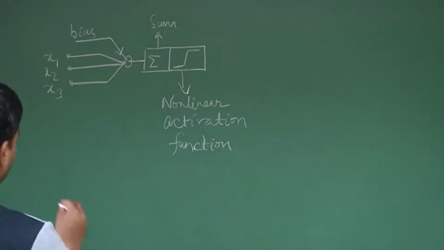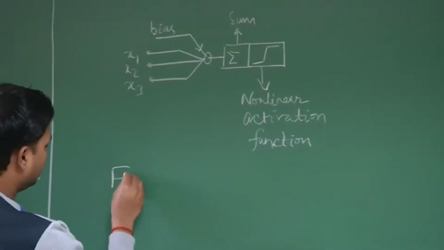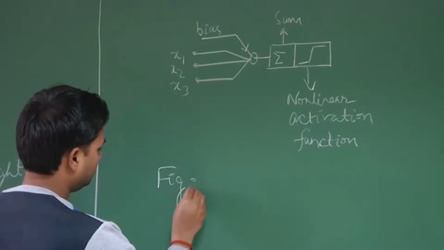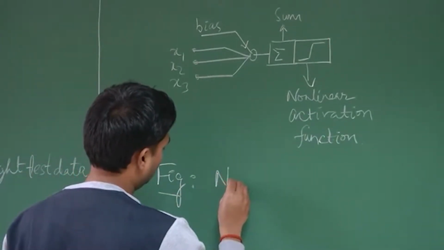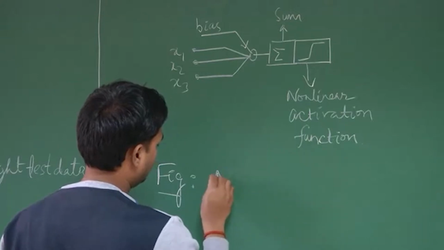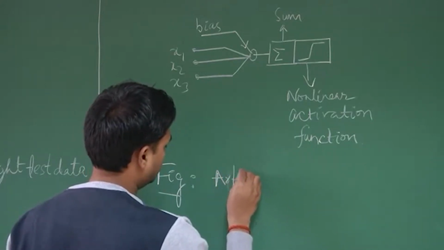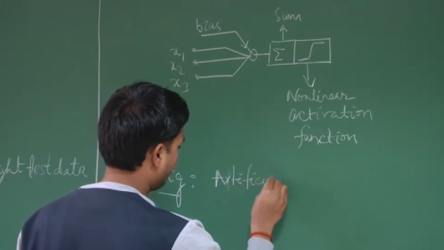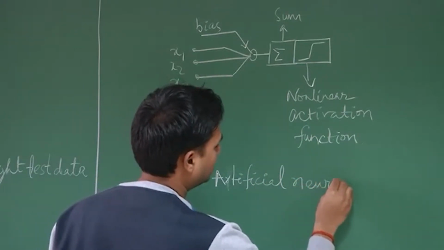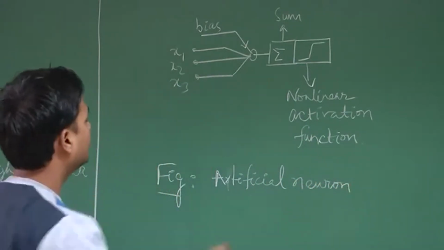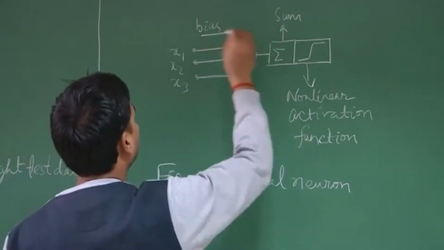So this figure talks about your artificial neuron. This is the architecture of your single neuron. This whole thing is a single neuron.